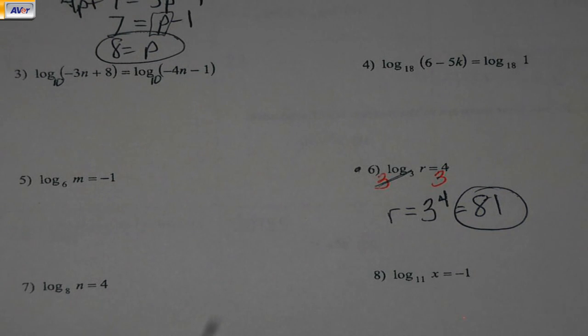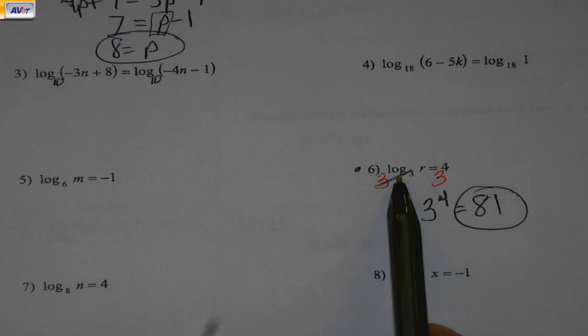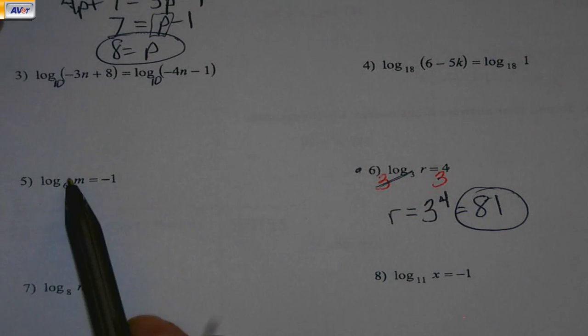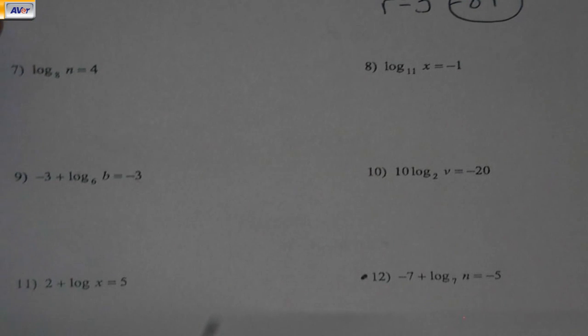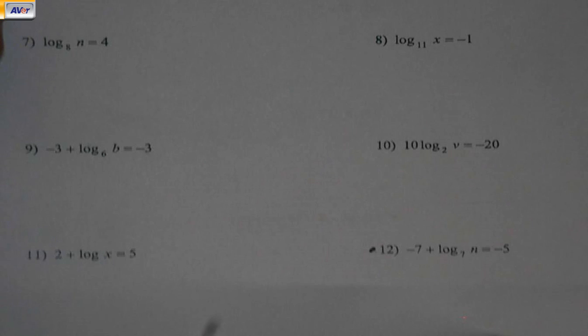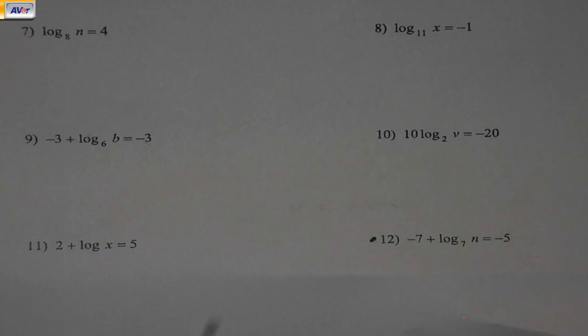But again, before I can do that, I always have to make sure my log's by itself. You're like, well, yeah, it looks like it is. Yeah. But if I move a little further down the paper, I start to notice that changes once I get to 9, 10, 11, and 12.